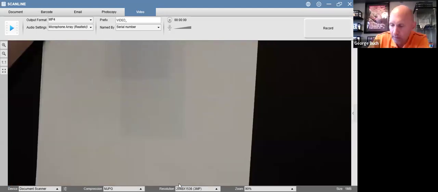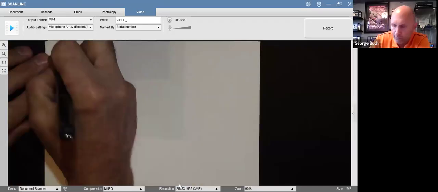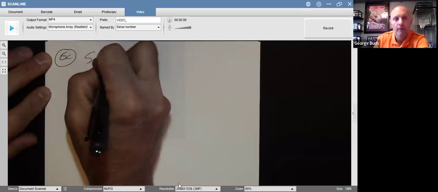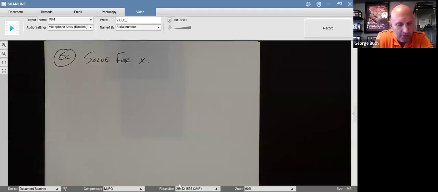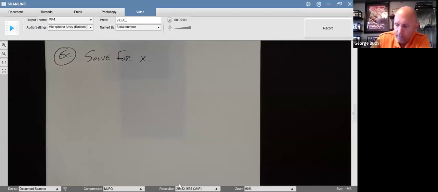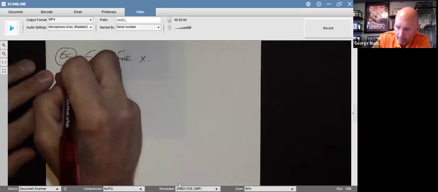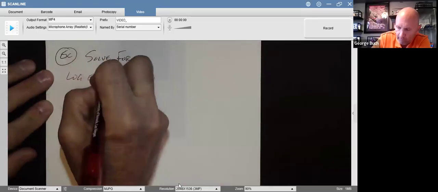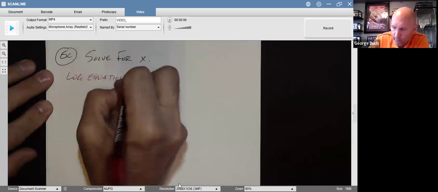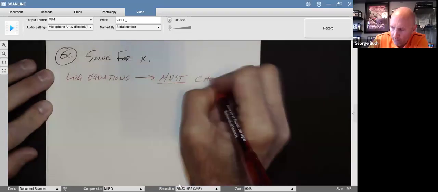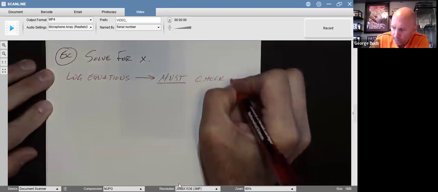All right, and then the following, solve for x. We are now going to look at log equations. One thing I did neglect to mention in the content video is that when we are doing log equations, we must check our answers.